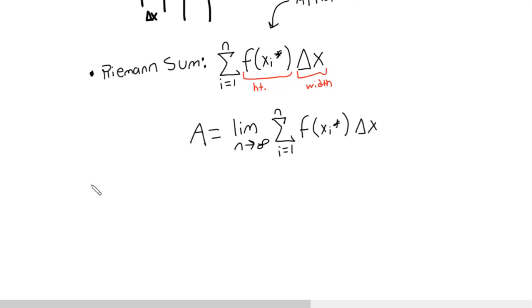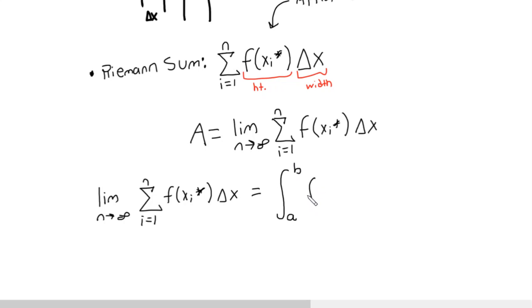What I just wrote, the limit as n approaches infinity of the sum, sigma, of f of xi star delta x, is the same thing as this symbol right here: the integral from a to b of f of x dx, where this dx simply means with respect to x, the differential x. So these both mean the same thing.